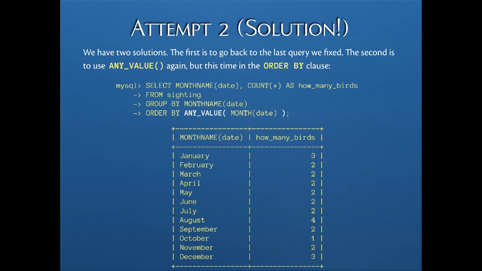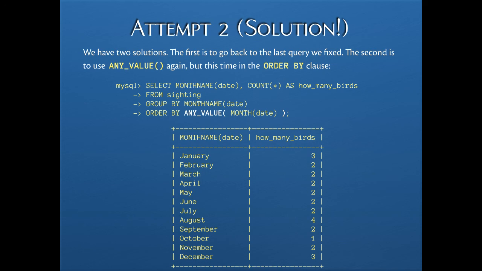If MySQL feels that I have a problem in the select clause, just put any value up there. If it says that I've got a problem down in the group by or order by, just put any value down there. And so I can solve this problem by using the any value criterion, and you'll see here this is the summary or status report that I get.